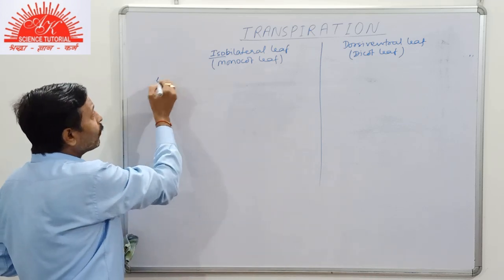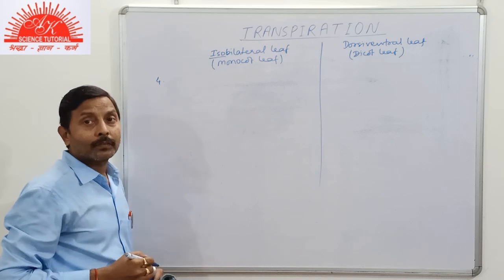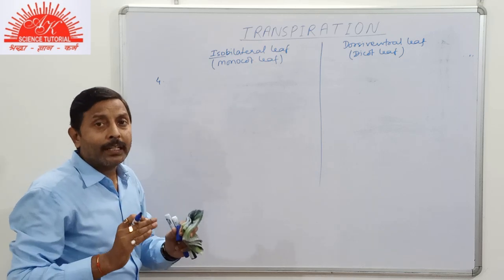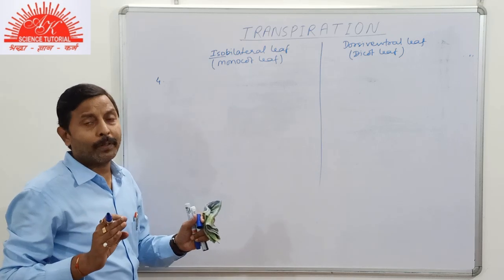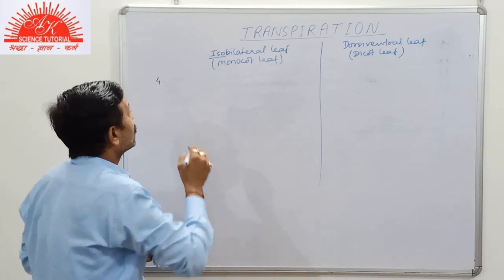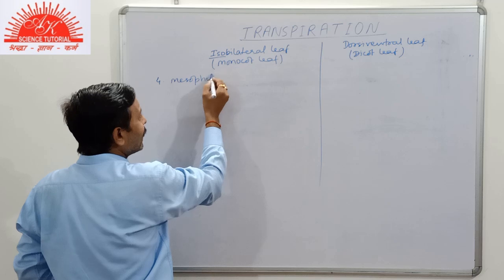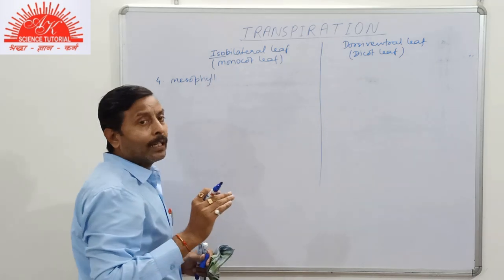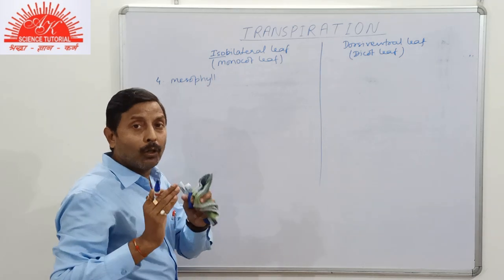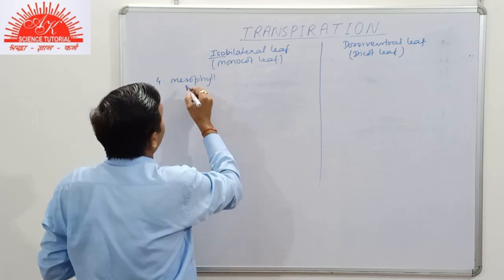In a monocot plant, the mesophyll is not differentiated because both surfaces are the same. So mesophyll means the cells in between the upper epidermis and lower epidermis of the leaf.